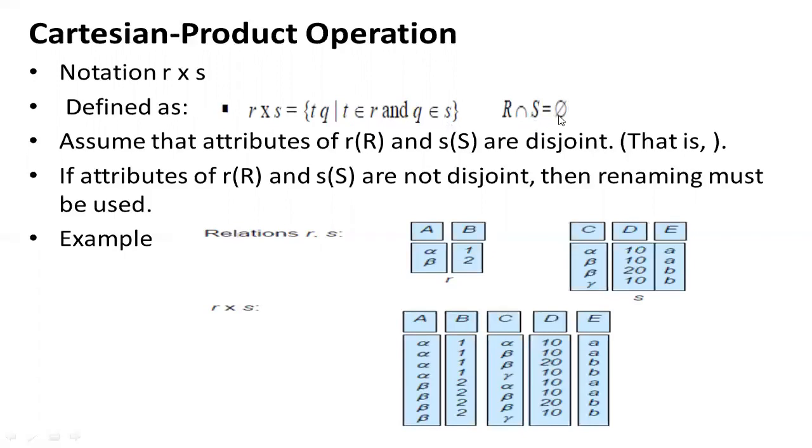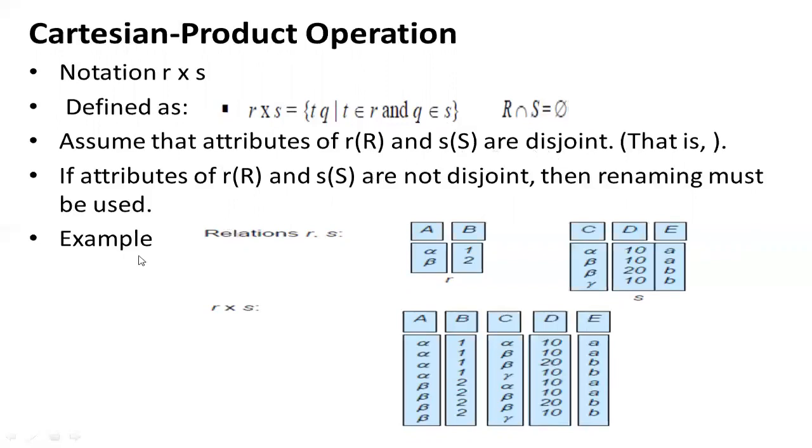This is the property we consider in the Cartesian product: when you take relations R and S and intersect them, the result should be null. So the attributes of R and S are disjoint.